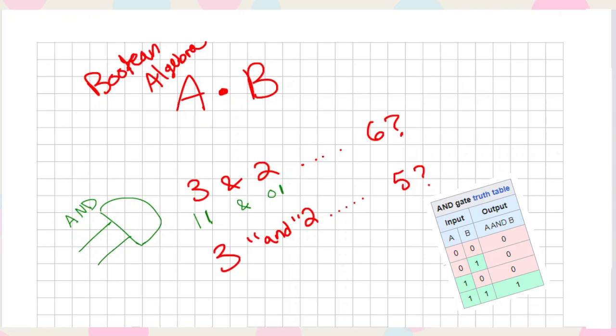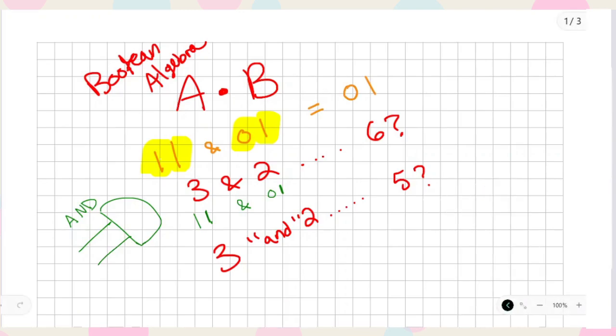But basically, you're ANDing the bits together. So if I have 1 1 and 0 1, this means I'm going to AND the lowest order bit. What is 1 AND 1? 1. Then I'm going to AND the next pair of bits. That is 0 AND 1, which is 0. Oh, I wrote this backwards.